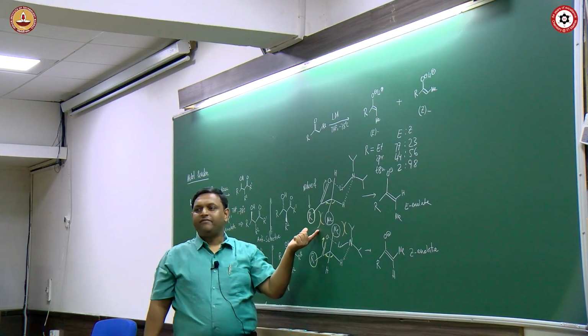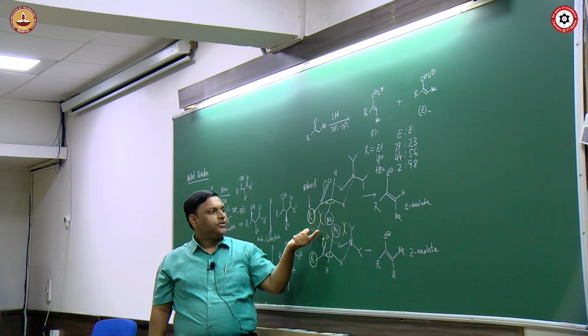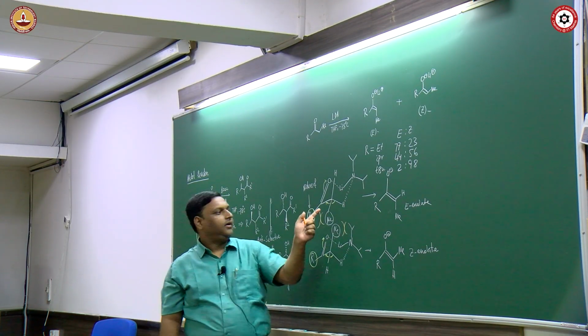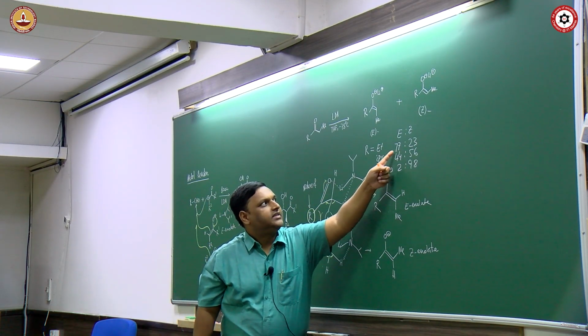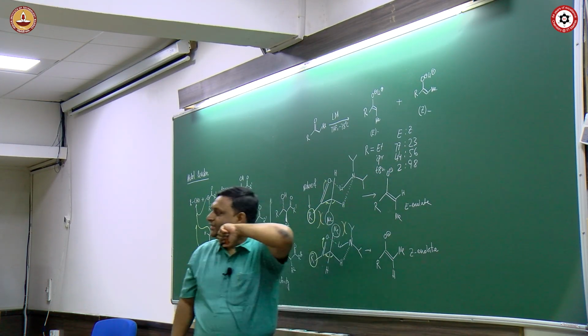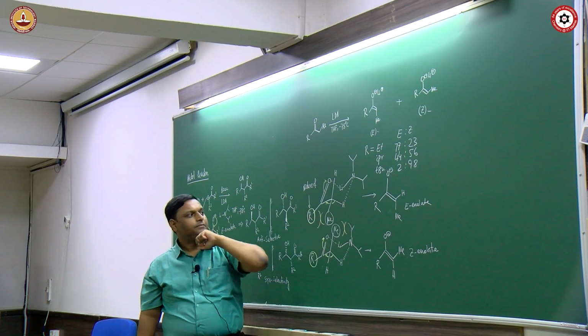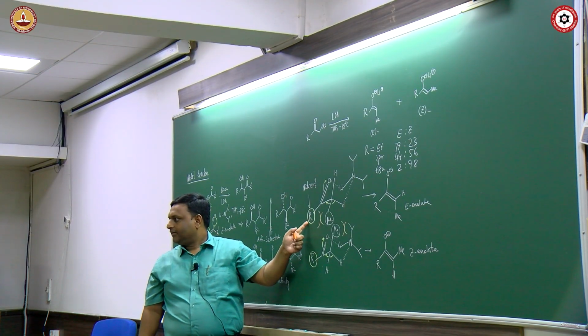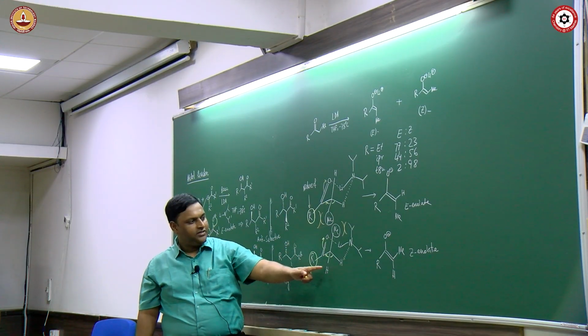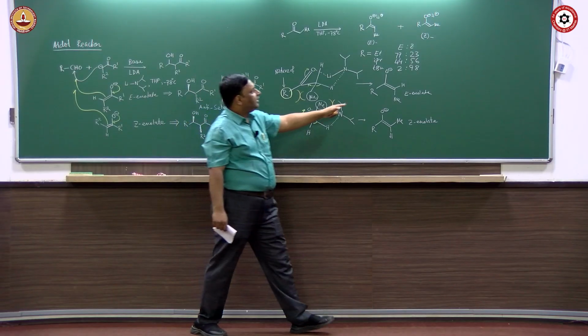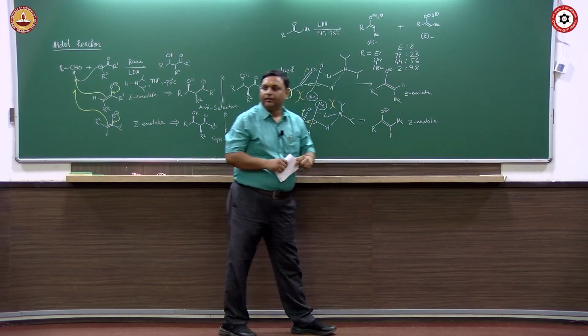Now, this steric interaction is even more competing, so it pushes further, and E is reduced and you increase the Z to 56%. You increase to even bulkier, like tertiary butyl, no more of this one is possible. So, everything comes to this stage and you get 2 to 98 of the E.